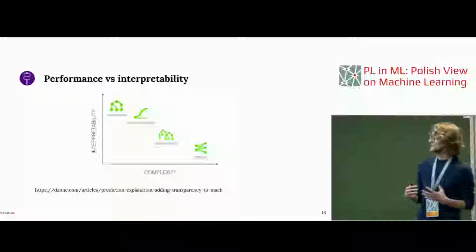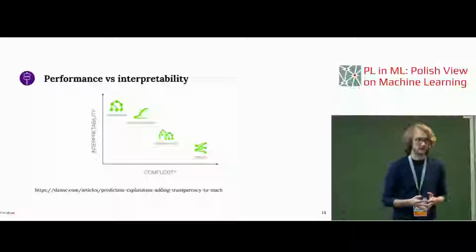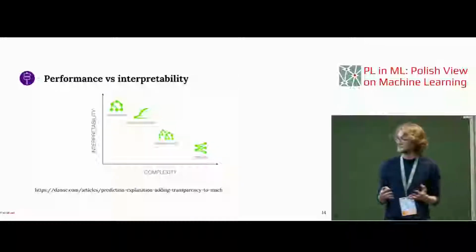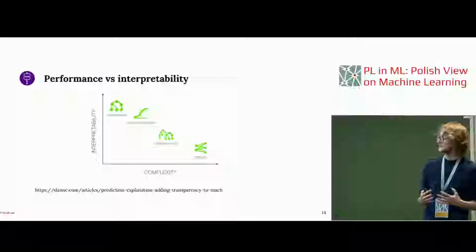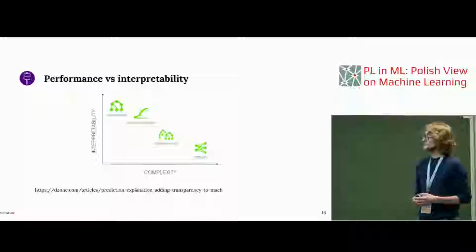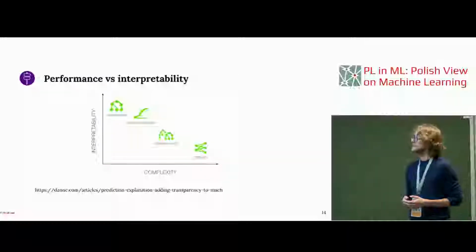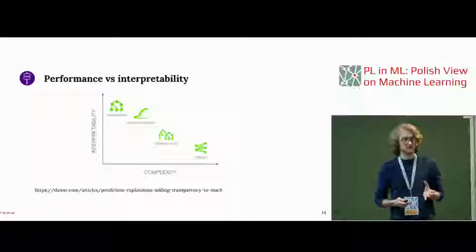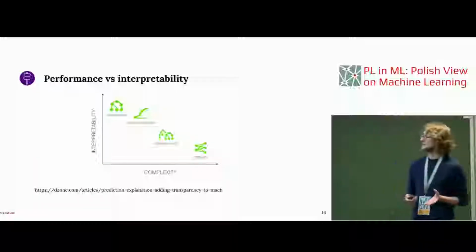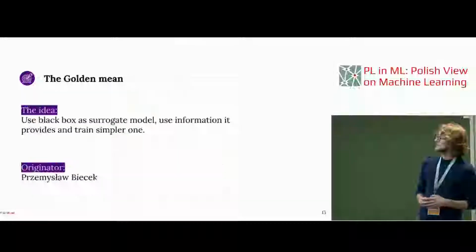For example, simple models are much easier to interpret, to understand how they work and how the decisions are made. So I think that xspliner is a golden mean between interpretability and performance.